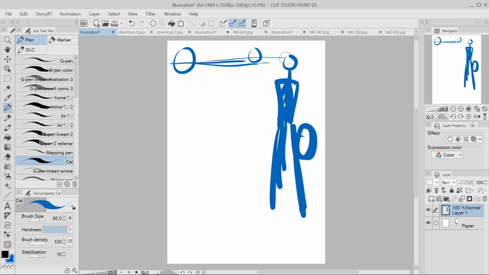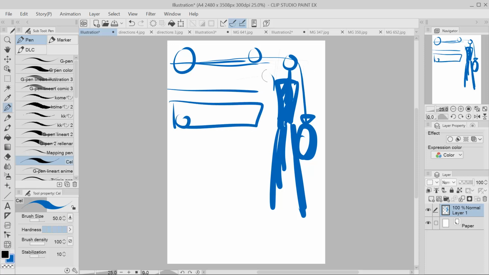Your eyes will probably follow the direction of the body of the character, instead of going first here.